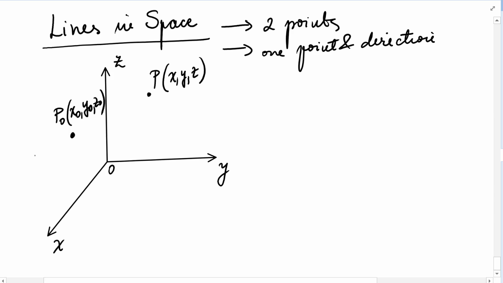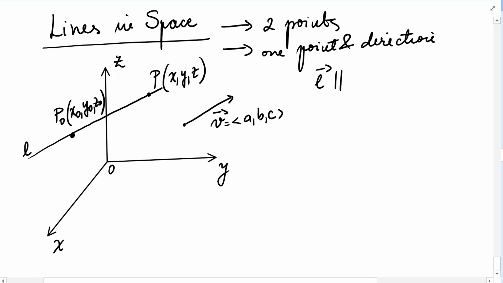And these points are on a line L that is actually parallel to a vector V that has the components A, B, C. So line L is parallel to vector V. If we construct these vectors here, P naught P is a vector, OP is a vector, and OP naught is another vector, we can say that P naught P is equal to OP minus OP naught.